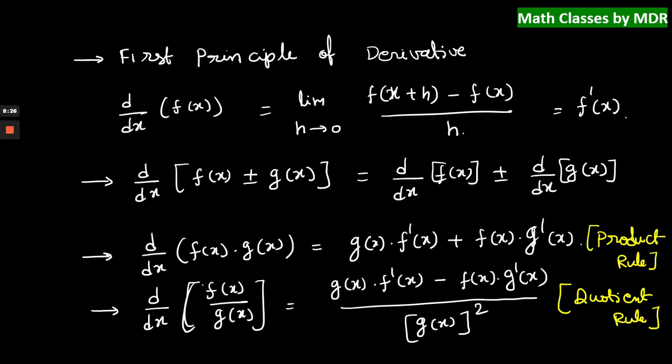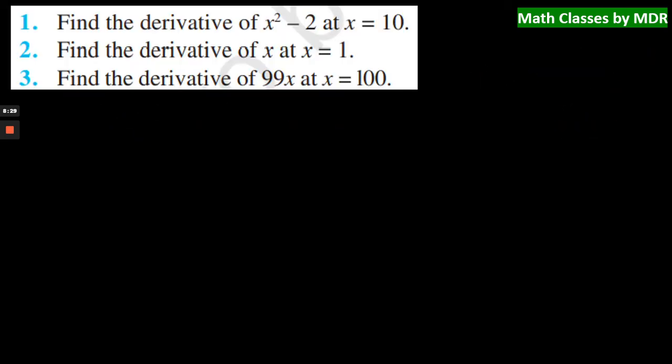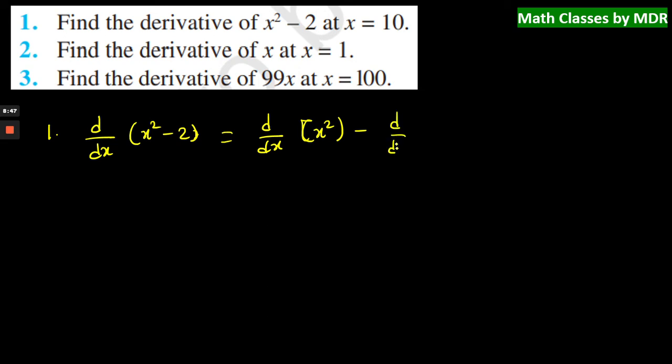Okay, now let's start. Let's see this. When we have to find the derivative of d by dx of x square minus 2, as we have seen, we have two terms here. So two terms can be written individually: d by dx of x square minus d by dx of 2. What is d by dx of x square?